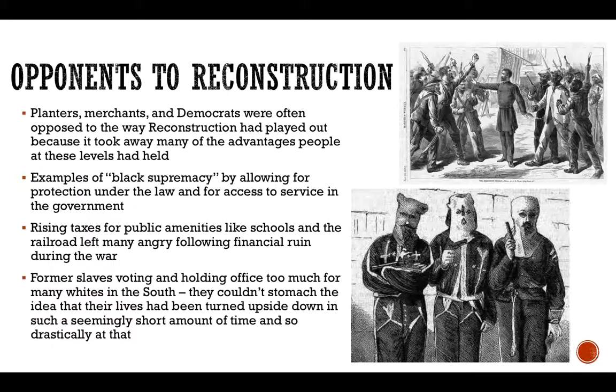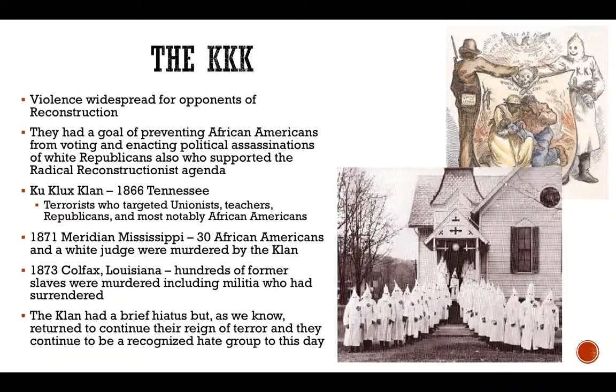Former slaves were voting and holding office, and that was too much psychologically for many whites in the South. They couldn't stomach the idea that their lives had been completely turned upside down, and it was so drastic that many people couldn't take it in and lashed out violently.